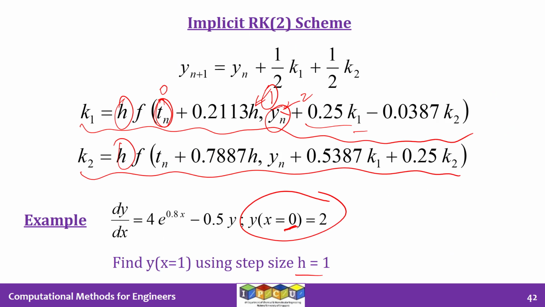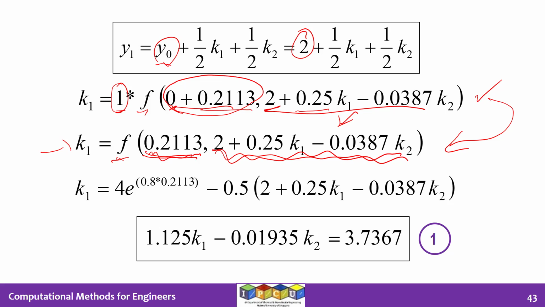We know f is the right hand side. So wherever I see x, to get k1, I'm going to put 0.2113. Wherever I see y, I'm going to put 2 plus 0.25 k1 minus 0.0387 k2. That's what I've done here, and if I simplify it, I'm going to get this.